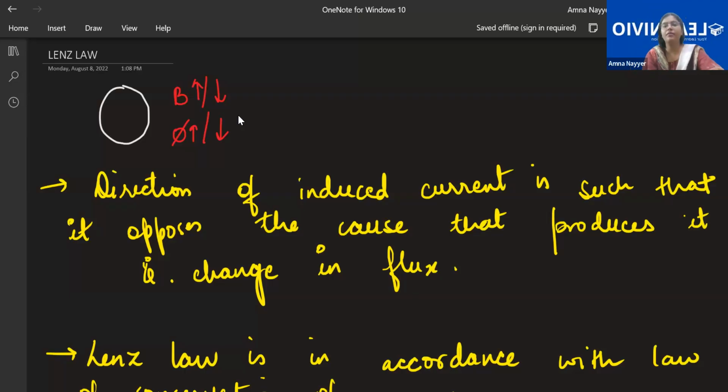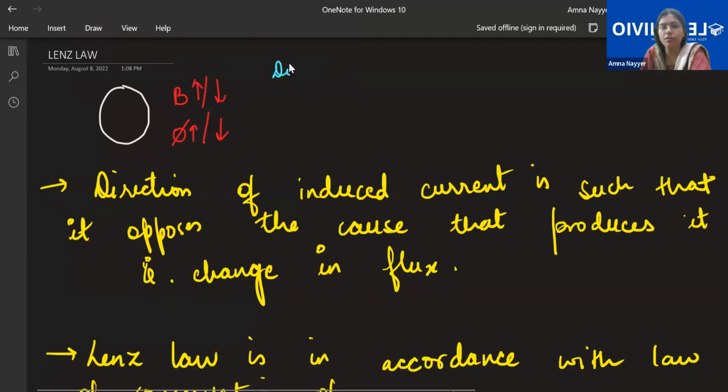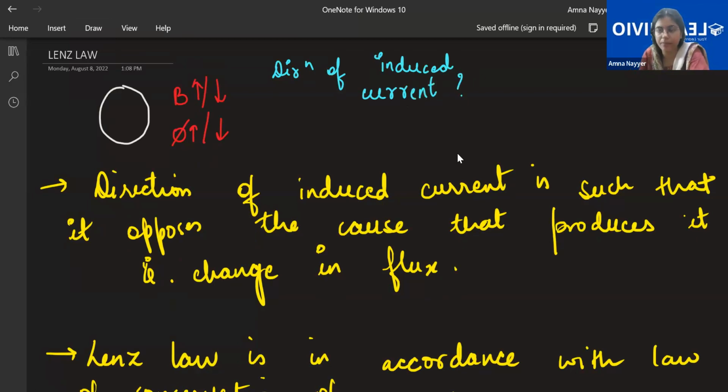Now what is it? When the magnetic flux is there, we have to determine the direction of the induced current, meaning the new current that is there. The direction of this induced current we have to find. So the direction of induced current will always oppose. It will be in the opposite direction.